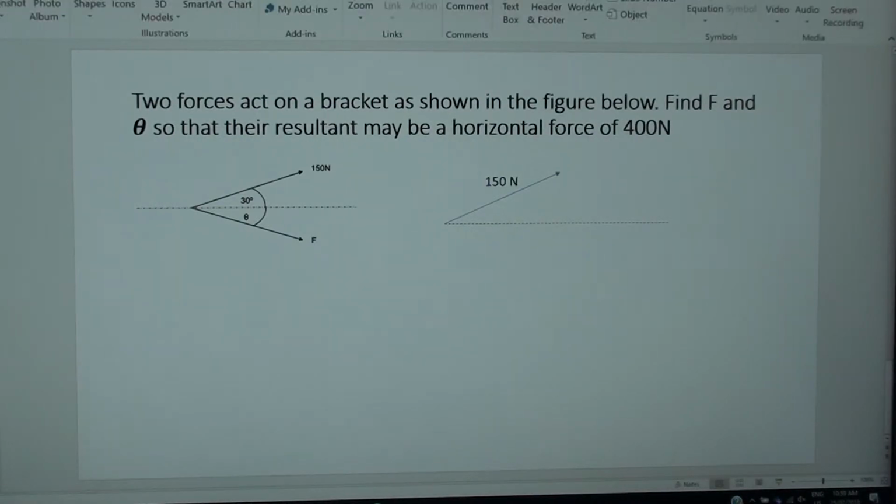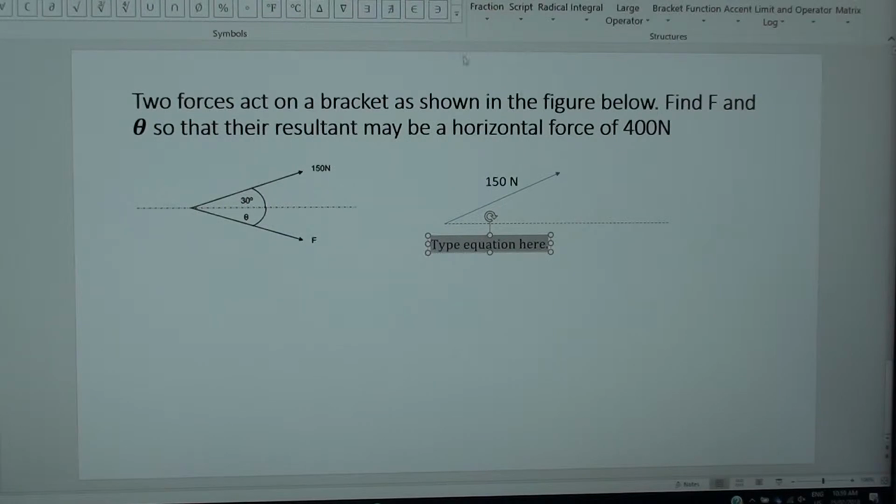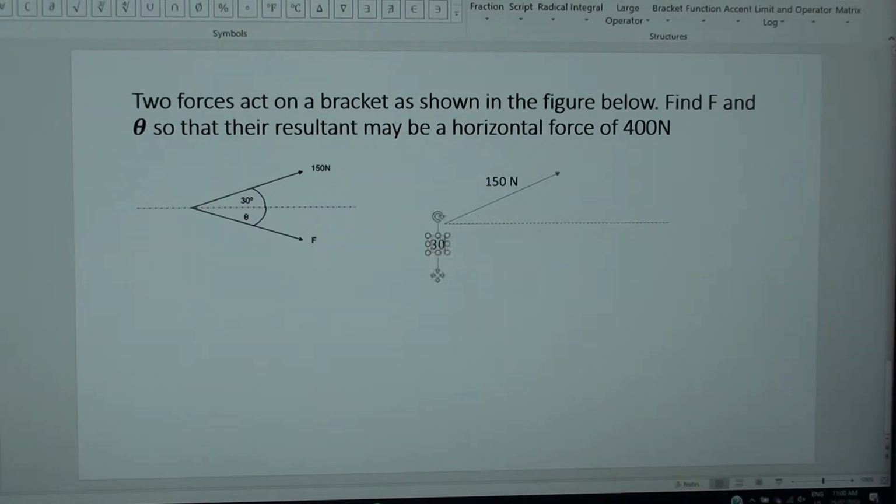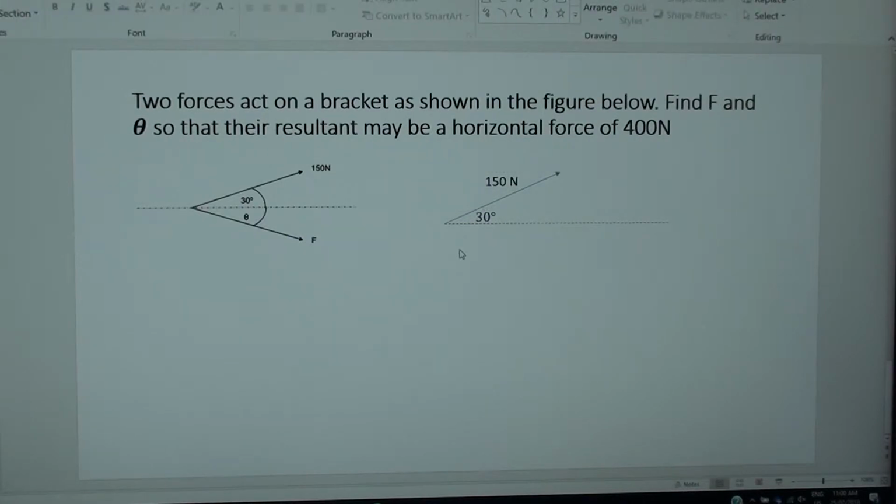As well, you need to state the angle, because it's very important to show that this angle is 30 degrees. So 30, and make sure to put it there, and then I'll locate it in the right direction.